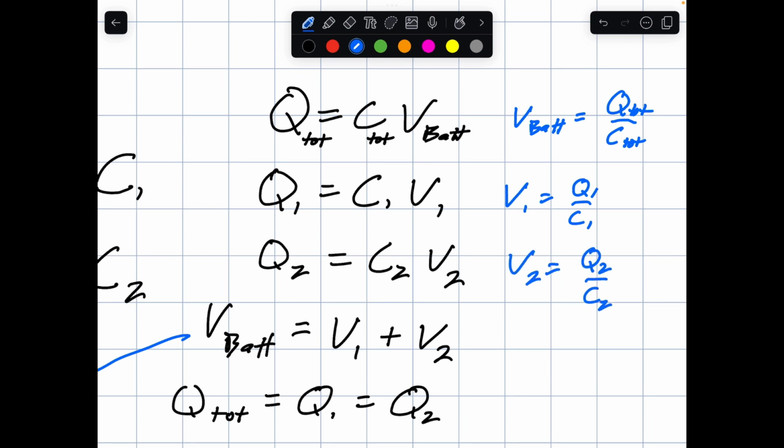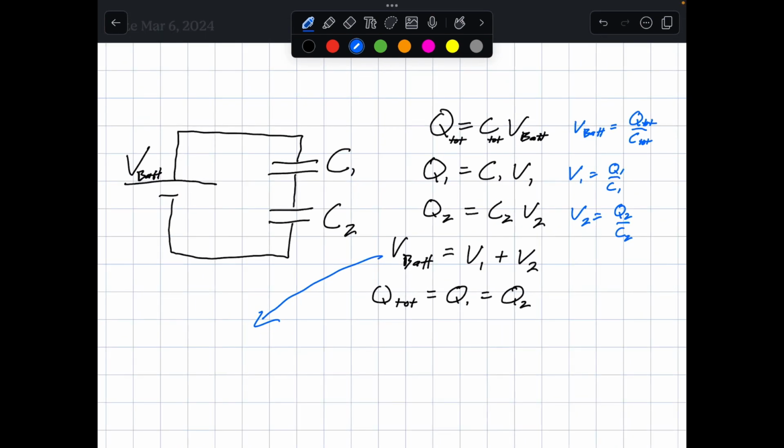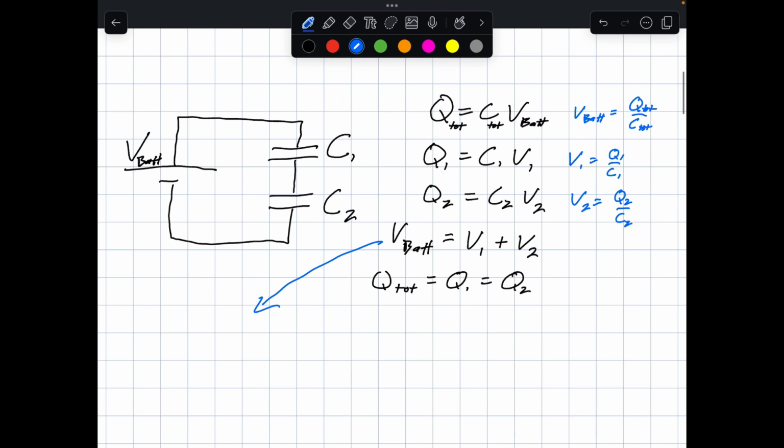So I've got an expression now for the voltage on each of the capacitors. And now I'm going to substitute these into this equation. So instead of VBAT, I write Q total over C total, that's the equivalent capacitance, equals. So instead of V1, I write Q1 over C1 plus Q2 over C2.